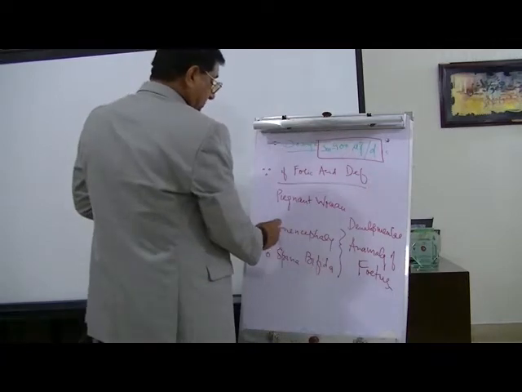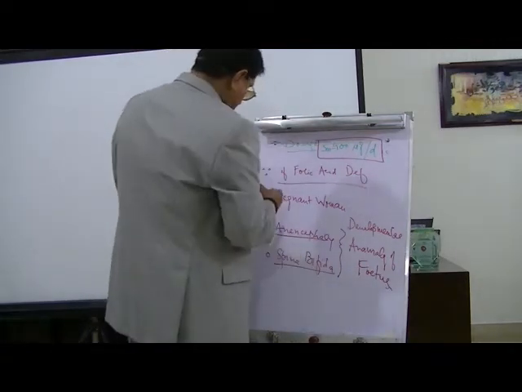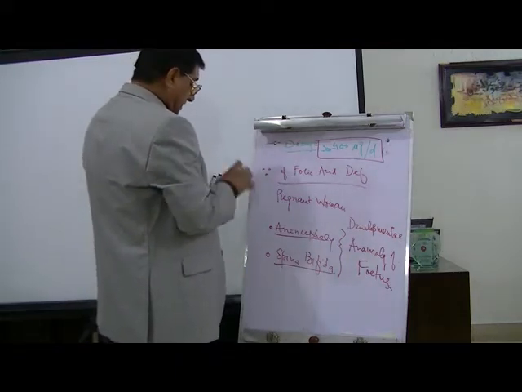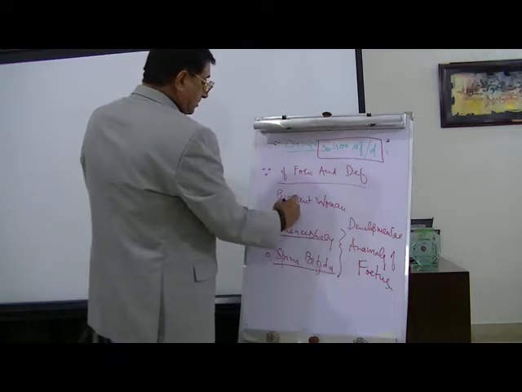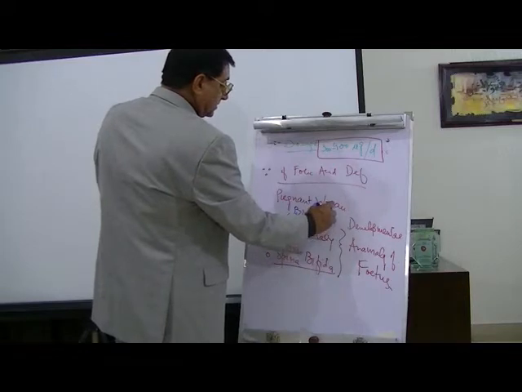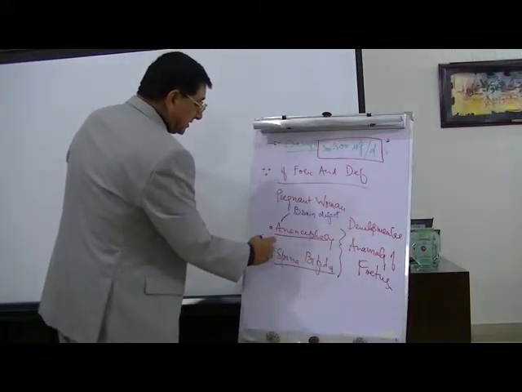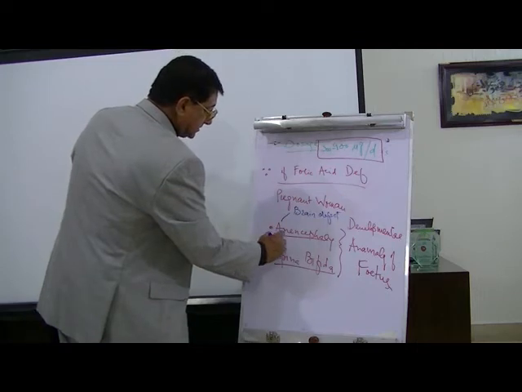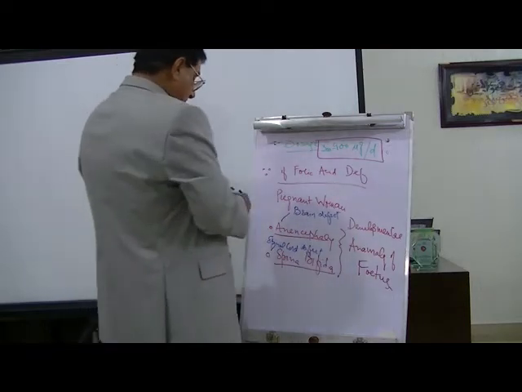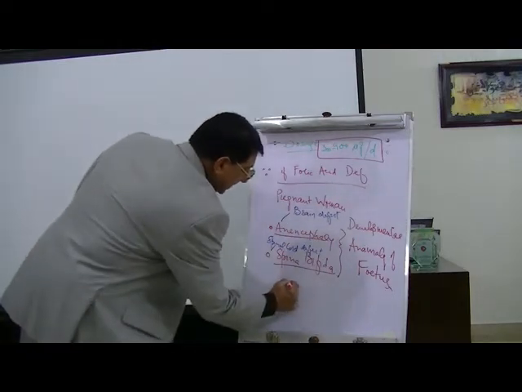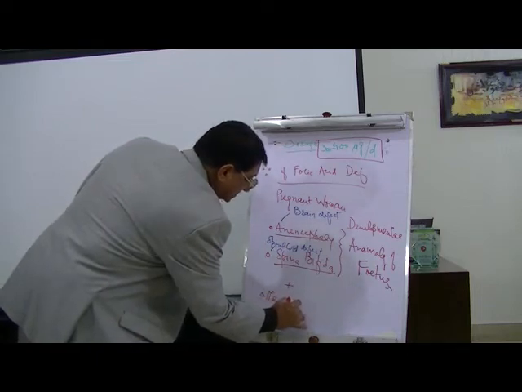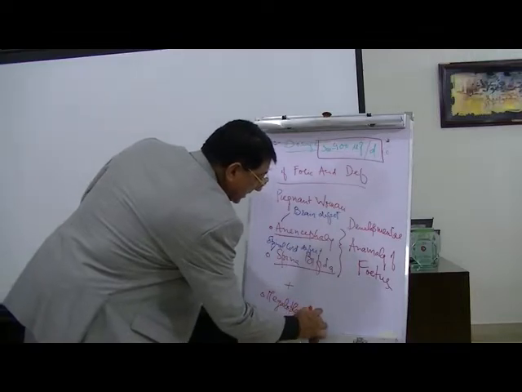That is, there is a brain defect, and second, there is a spinal cord defect. In addition, there is megaloblastic anemia.